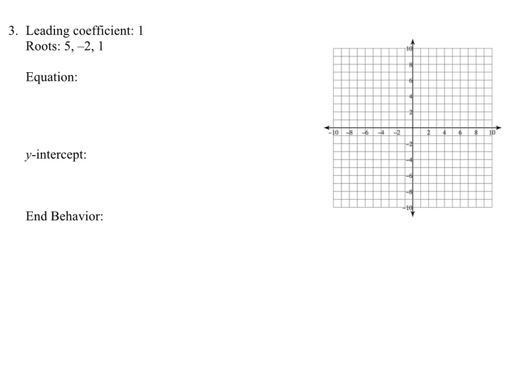Same kind of thing on number 3. When I'm writing the equation, once again, make sure you write f of x. I have a leading coefficient of 1, then x minus 5 times x plus 2, so we're always going to change the sign, times x minus 1. Or, if you don't want to, you don't have to write out that 1.